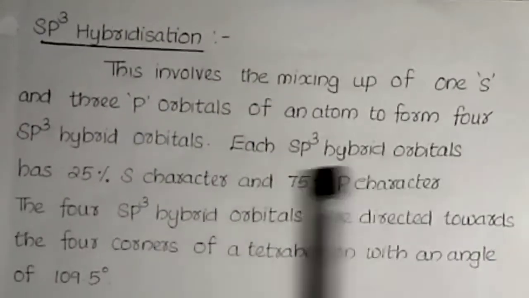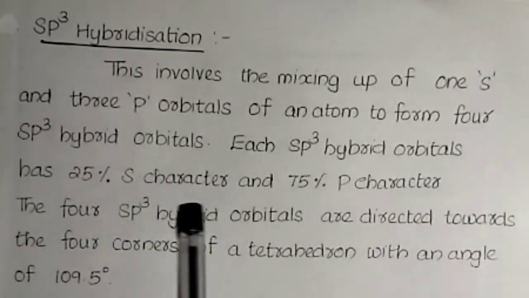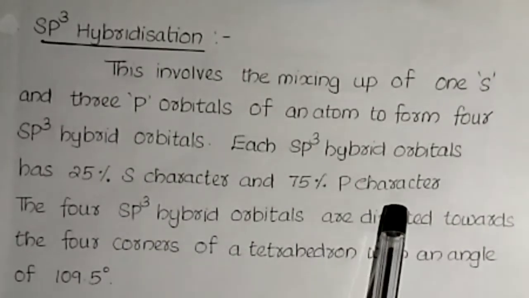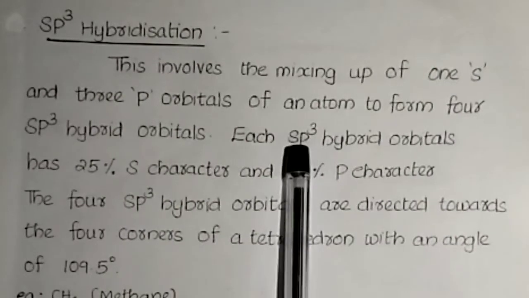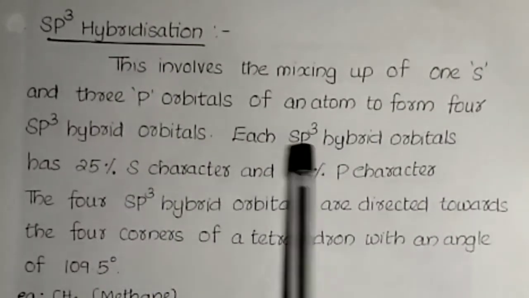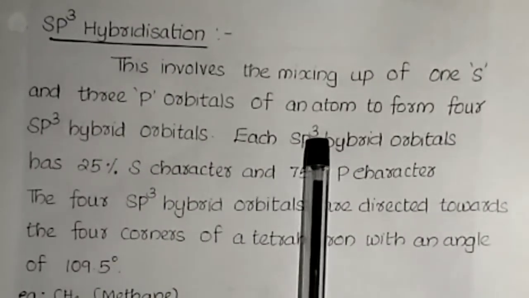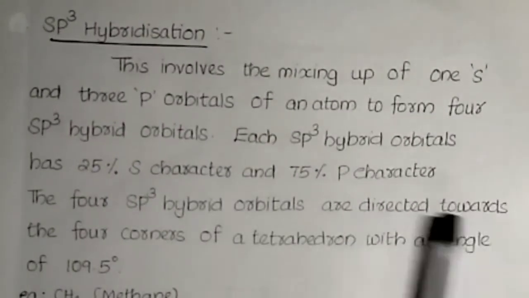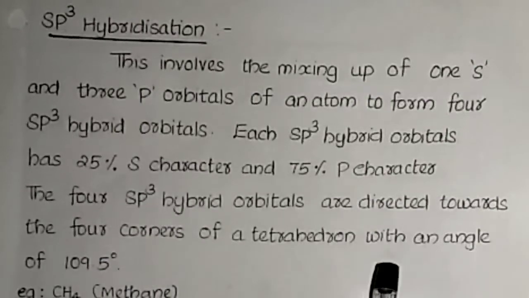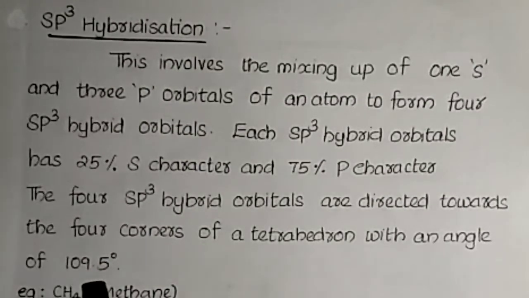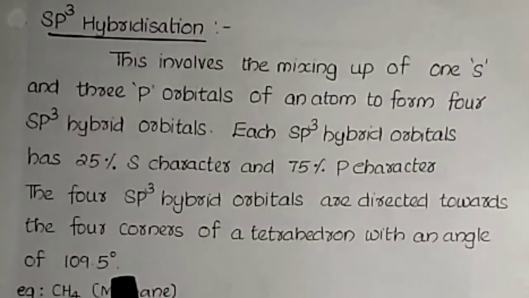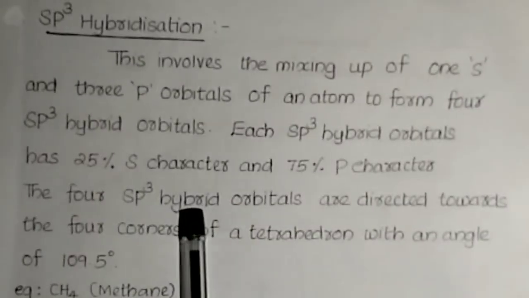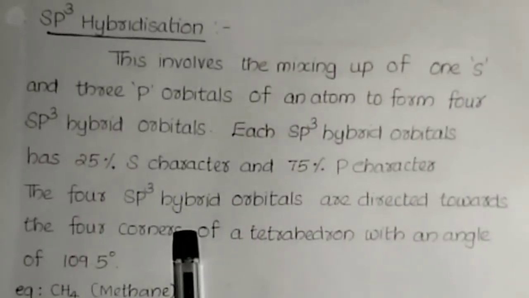Each sp3 hybrid orbital has 25% s character and 75% p character, total 100. The 4 sp3 hybrid orbitals are directed towards the four corners of a tetrahedron with an angle of 109.5 degrees. So sp3 hybrid orbitals have a tetrahedral shape.